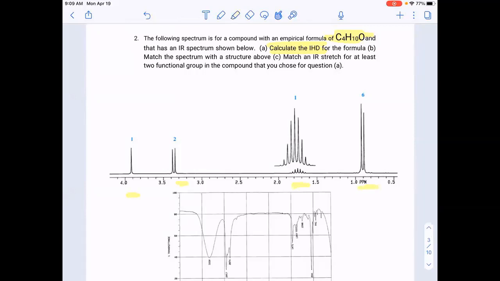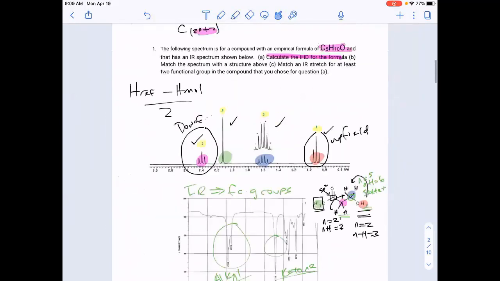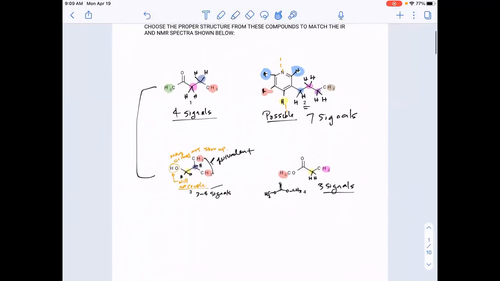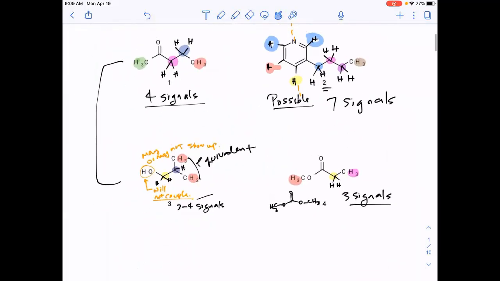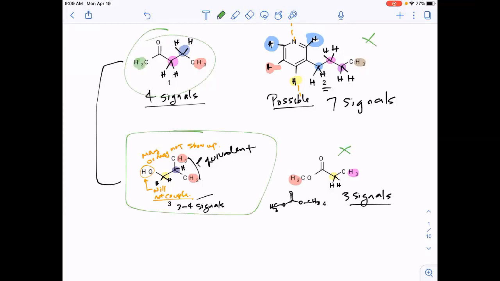Now let's go back up to our compounds because we already went through and said how many signals we should see. So we know it can't be this compound right here, because that's 3 signals. We already resolved that. And it can't be this one because that's up to 7 signals, and we already finished the spectrum for that one. So it has to be this compound right here.